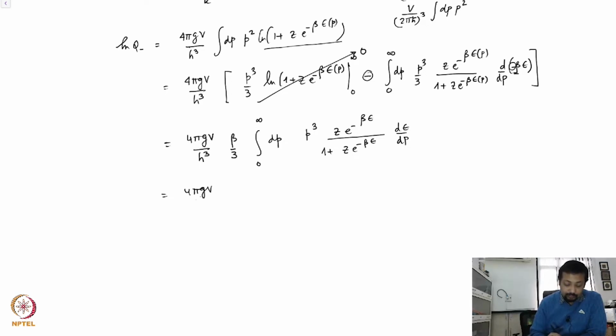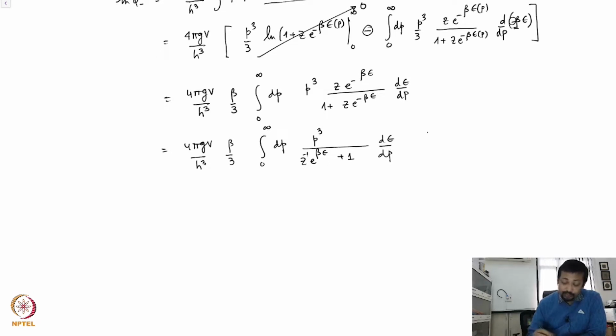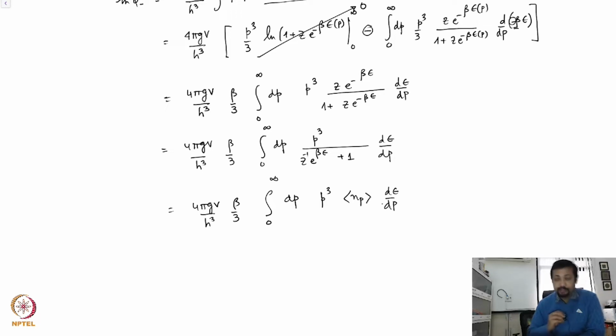Let's write down this in the form that I know: 0 to infinity dp p cube over z inverse e to the power beta epsilon plus 1 d epsilon dp, and this I know that I can write down as 4 pi gv over h cube beta over 3, 0 to infinity dp p cube np d epsilon dp.